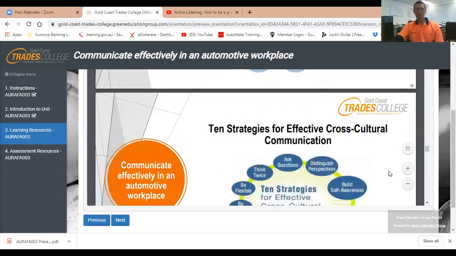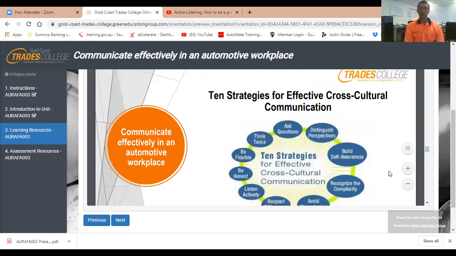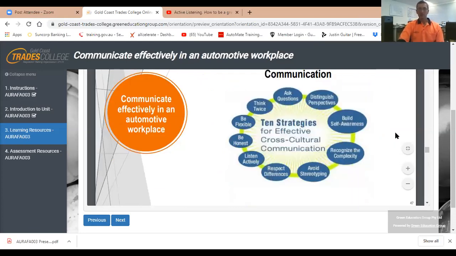Here are some strategies to use for effective cross-cultural communication. Ask some questions, distinguish perspectives, build self-awareness, recognize that there may be some complexities, avoid stereotyping. That's a good one. Don't always think that somebody from a certain cultural background is a certain type of person.